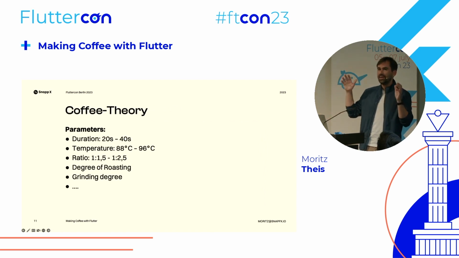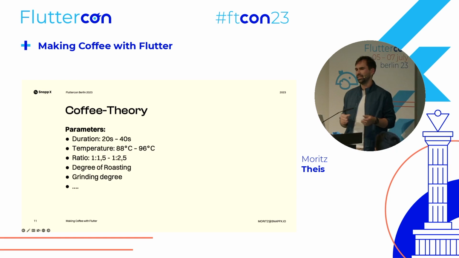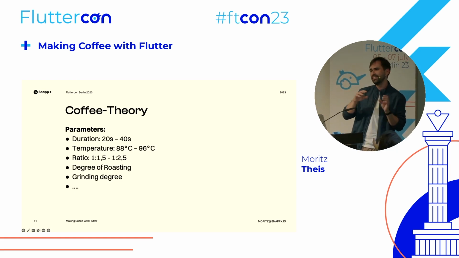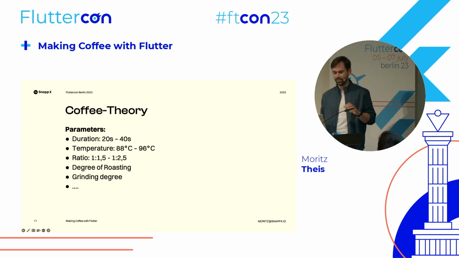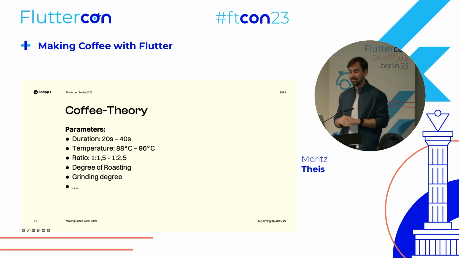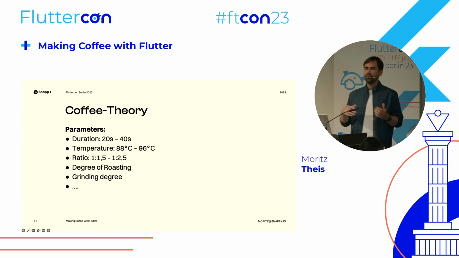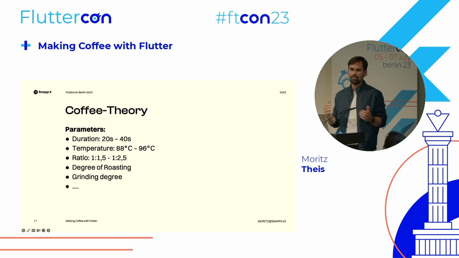So I need to give you a little knowledge of another domain, which is about coffee. Just a little bit, as this is a whole science, because just Google it and it's a lot. You can spend thousands of euros there. The important things for us, which I'm going to talk about right now, are the few parameters.